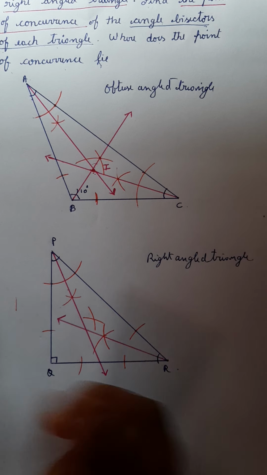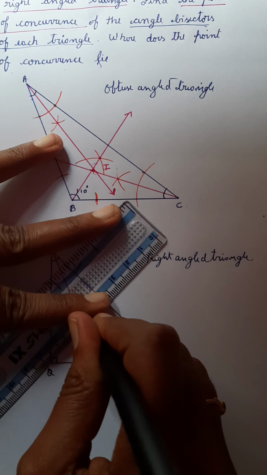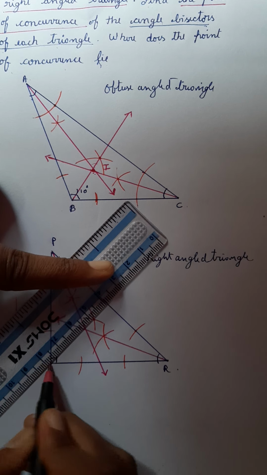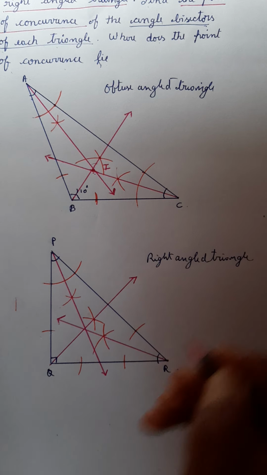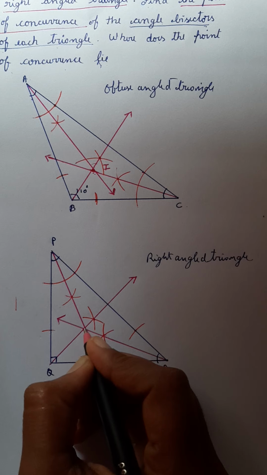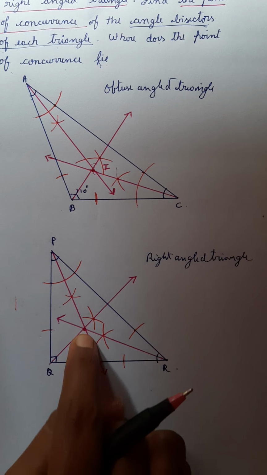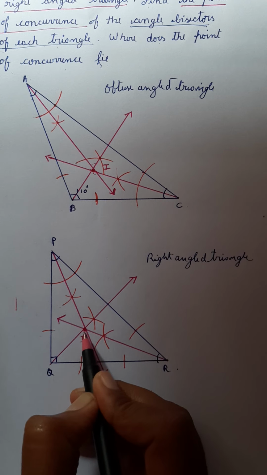Now, wherever it meets, this point and Q, see, Q and this intersection point, drag. So where it meets, the three bisectors, first bisector, second and third, meet at one point, mark it as I. This is the point of concurrence.